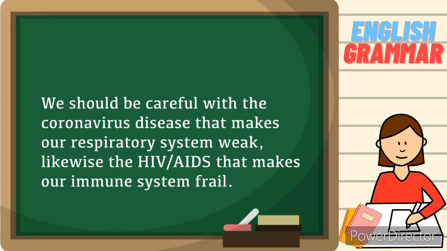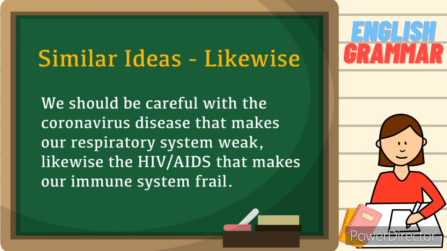The second idea in the sentence indicates a similar thought that HIV/AIDS is something that we must be watchful about because it also weakens our health condition. These 2 similar ideas are put together using the transition signal likewise, making the whole sentence coherent enough to understand. Simply put, both coronavirus and HIV/AIDS are dangerous to our health.